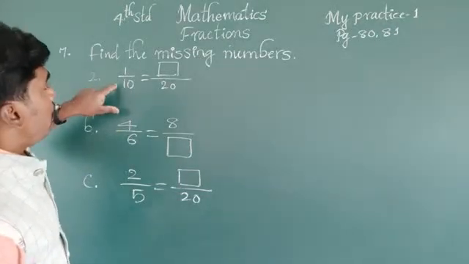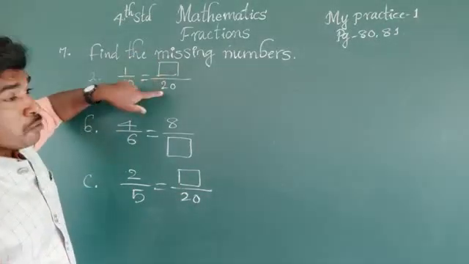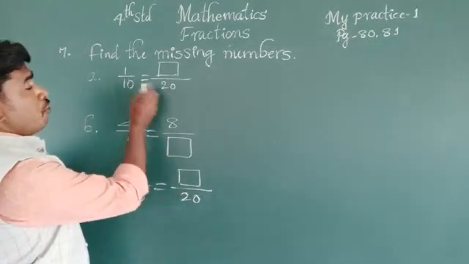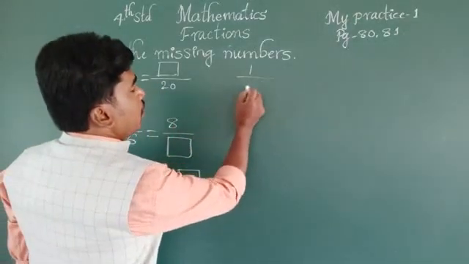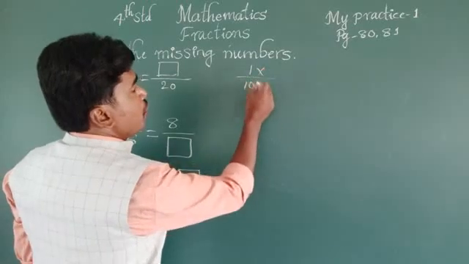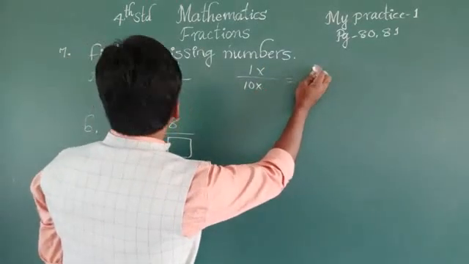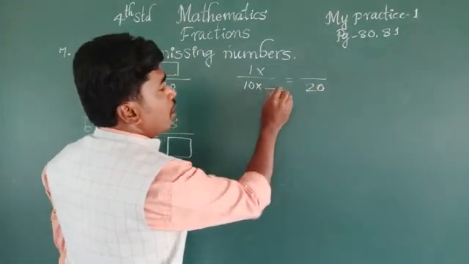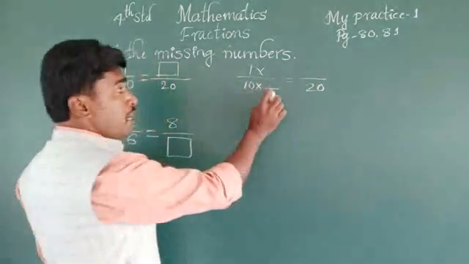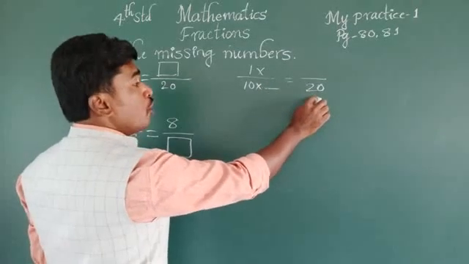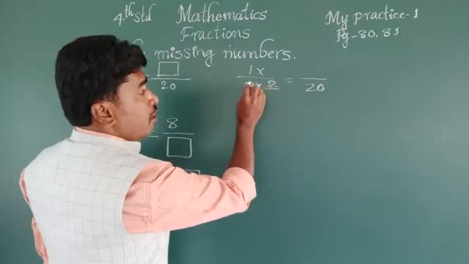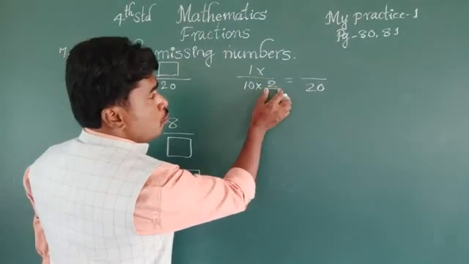So first is 1 by 10 is equal to dash by 20. It is very simple. By which number do you multiply 10 to get 20? You just identify here. It is 2.